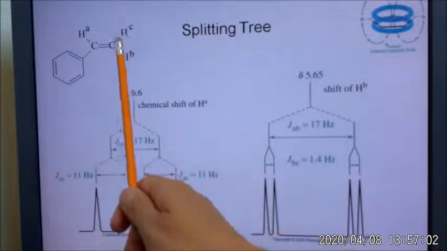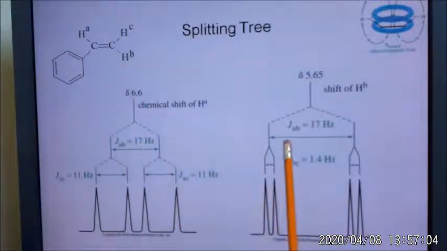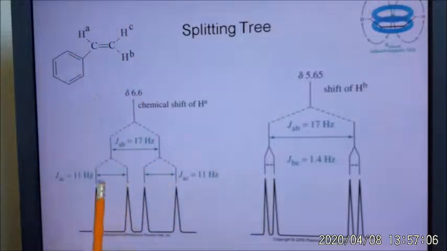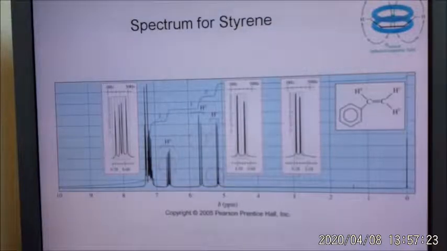If we were looking at C, then I would see basically 11 hertz and then the 1.4 to 2 hertz. So you're going to have this, but they'll be closer together, and the difference between the centers will be 11 hertz apart. That would be the splitting you would see for HC. So, here. See this?